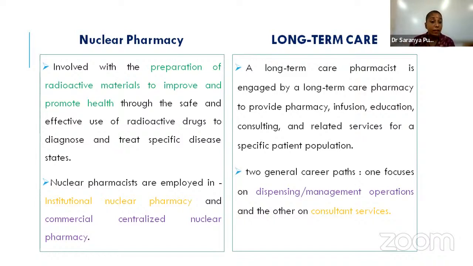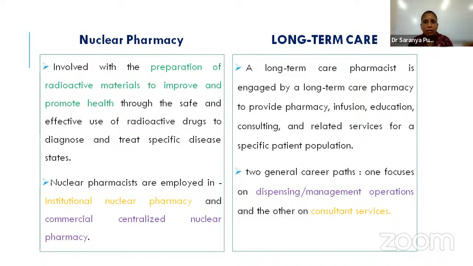Pharmacists are paid well in nuclear pharmacy. Nuclear pharmacists are employed in institutional nuclear pharmacy and commercial centralized nuclear pharmacies. In India, we have nuclear pharmacies with Christian Medical College, with AIIMS, and so on. Very well paid. You are going to handle radioactive drugs. So that is why it is nuclear pharmacy and nuclear pharmacist.